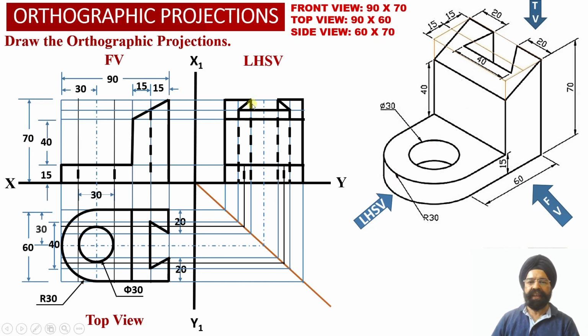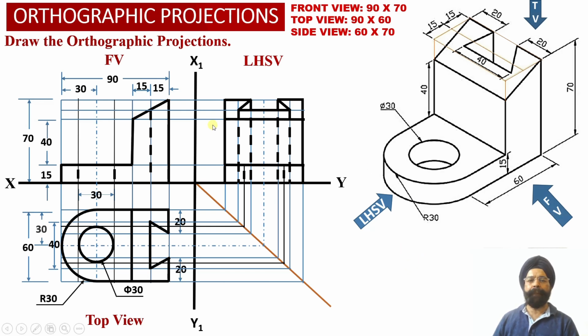So once again, we are going to obtain the hidden line projections corresponding to the vertical edges of the angular slot over here. So these 4 vertical edges corresponding to this angular slot, since they are not visible to the observer from the left hand side view orientation, have been obtained as hidden line projections into the left hand side view orthographic projections over here.